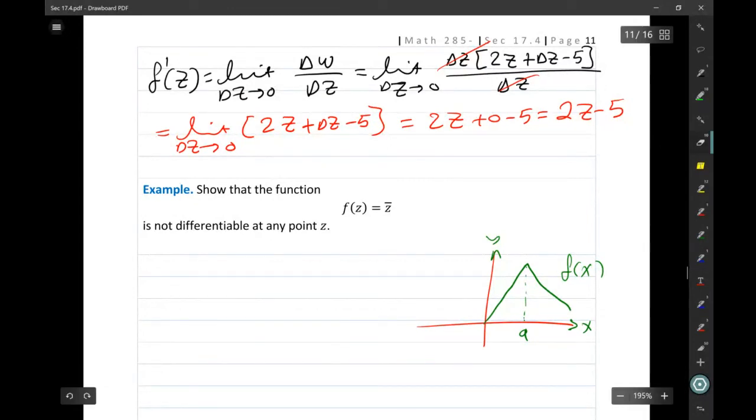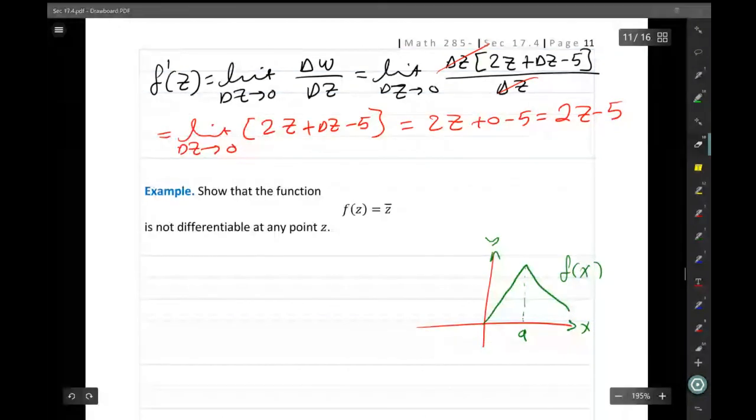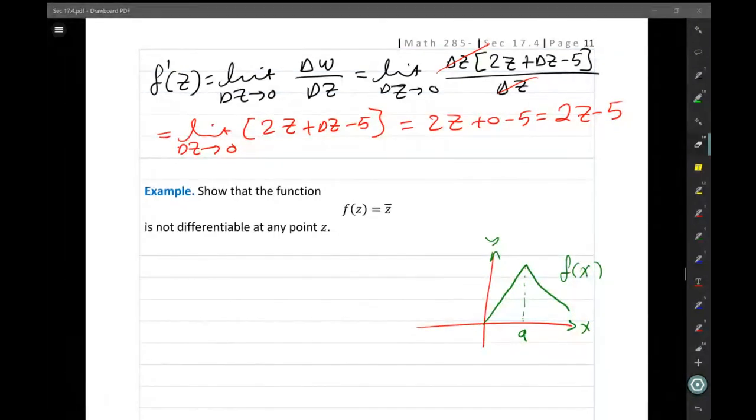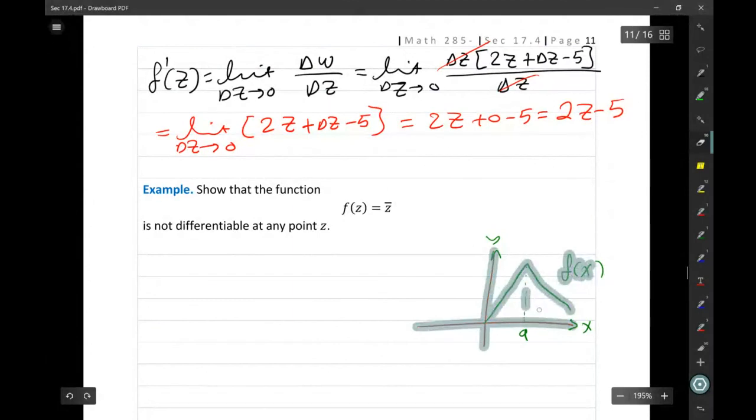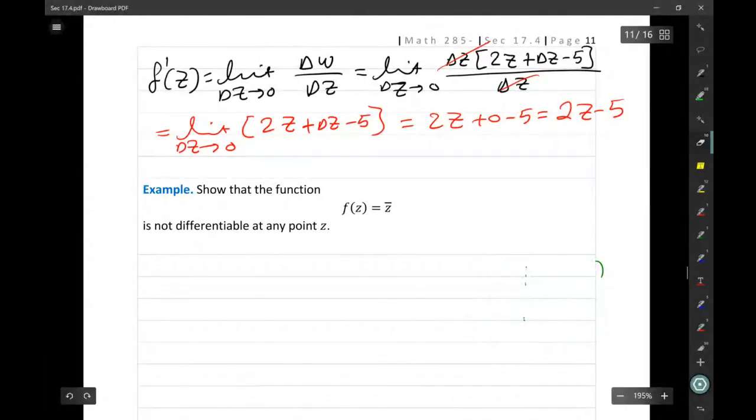Do you remember this from calculus 1? So if it is continuous at a point, then it is not necessarily differentiable there. But the reverse is correct. In case it is differentiable, you can guarantee it is continuous. That's the point.